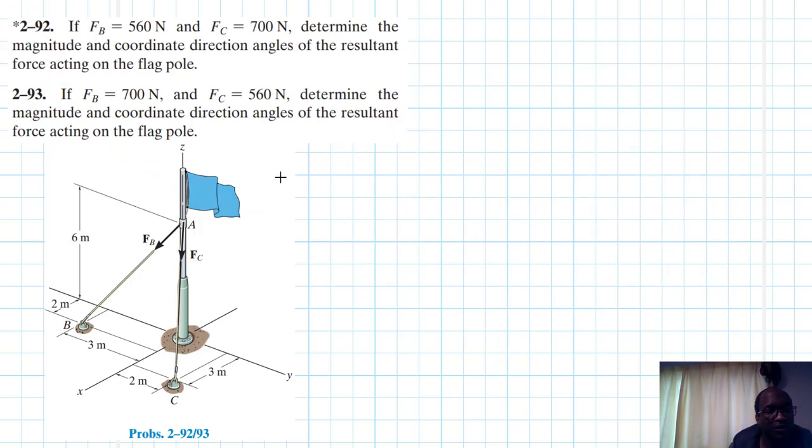First and foremost, I'll choose A as our reference. Therefore A will be 0, 0, 0.